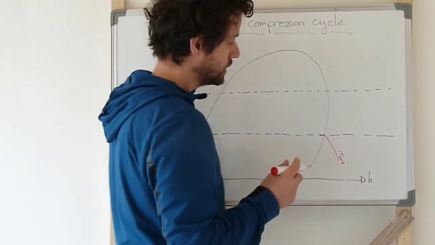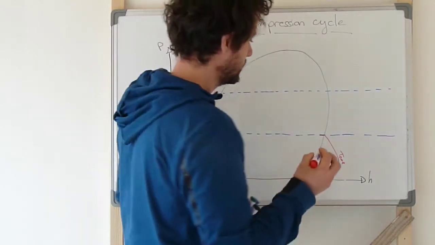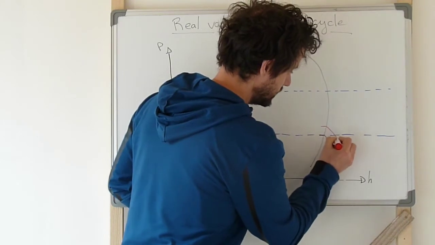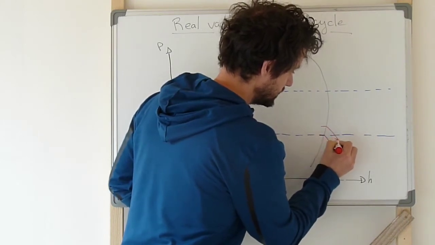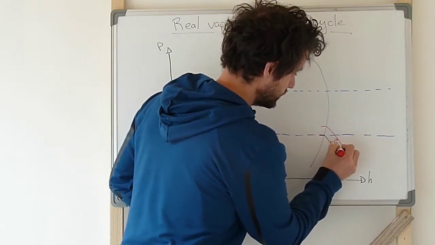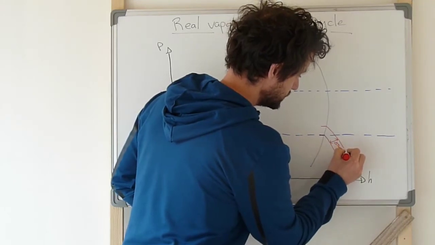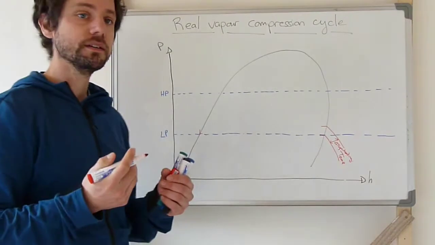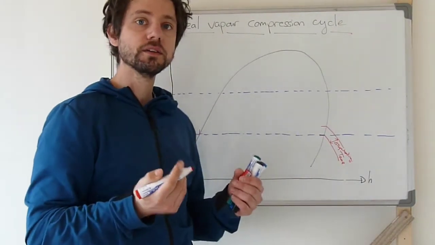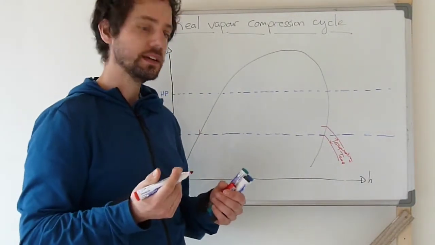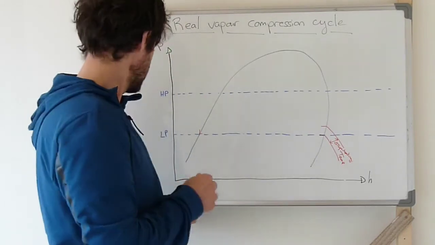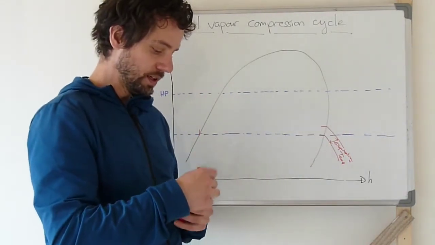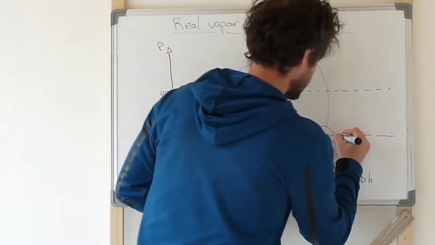And if we know the amount of superheating, for example 5 Kelvin, that would correspond to this difference of temperature. And we can find the isothermal line that corresponds to the temperature of point A. Then the crossing with the low pressure isobaric line corresponds to point A.